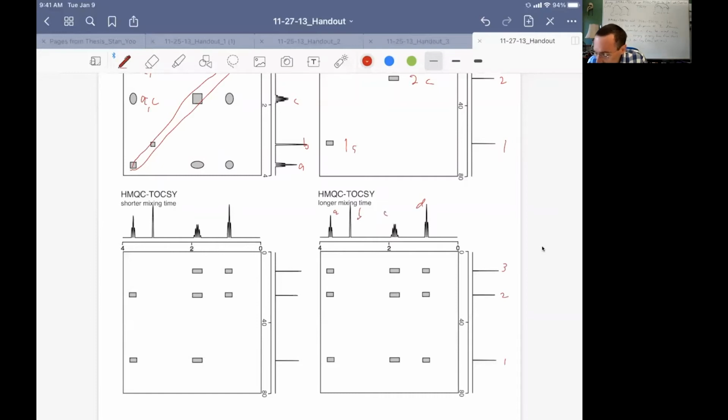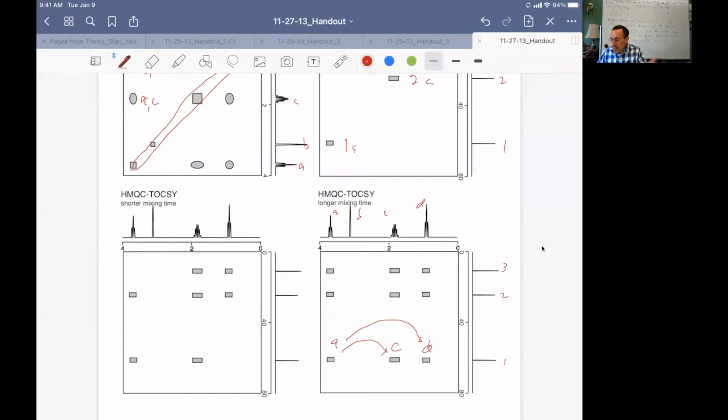And what's interesting about this is you can look and say, okay, if we're going along the F2 dimension, sure, A is connected with C, and A is also connected with D.